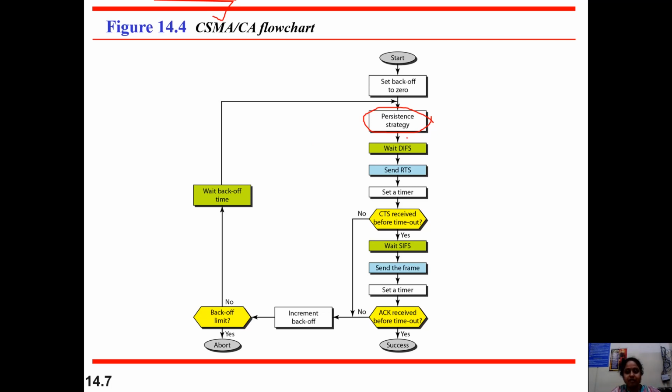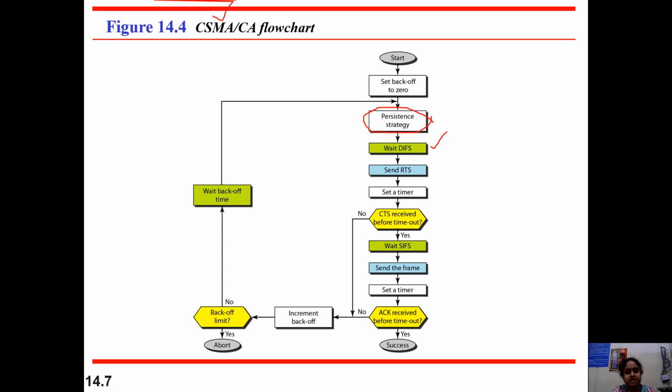After doing so, when the stations are eligible for transmission, still they do not immediately transmit, they wait for some time, which is known as DIFS time. IFS stands for interframe space, which is a waiting time between two signals. Using various types of IFS, collision avoidance is achieved. So DIFS stands for DCF IFS.